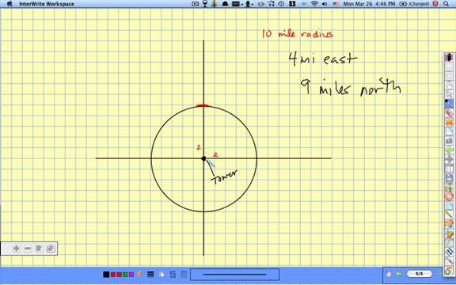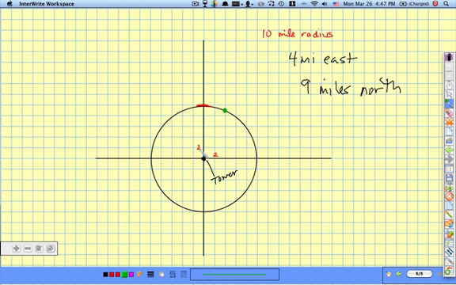So let's start driving. Here we go. 4 miles east. There's 4, and then 9 miles north, 2, 4, 6, 8, somewhere right around in here. I don't know if it's inside, outside, who really knows.